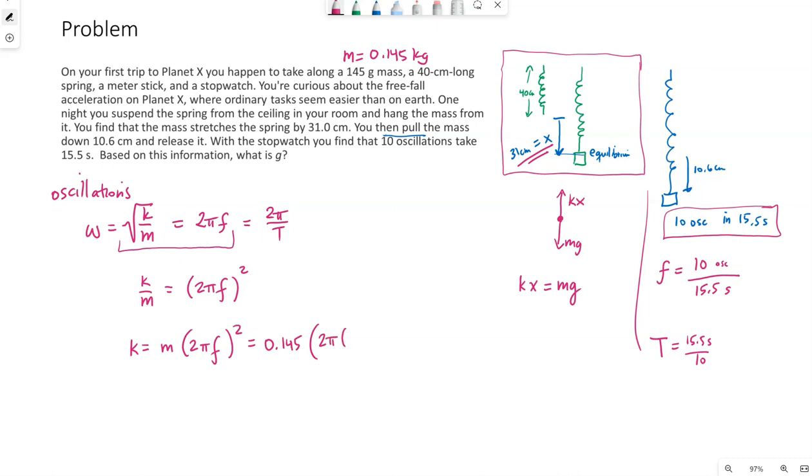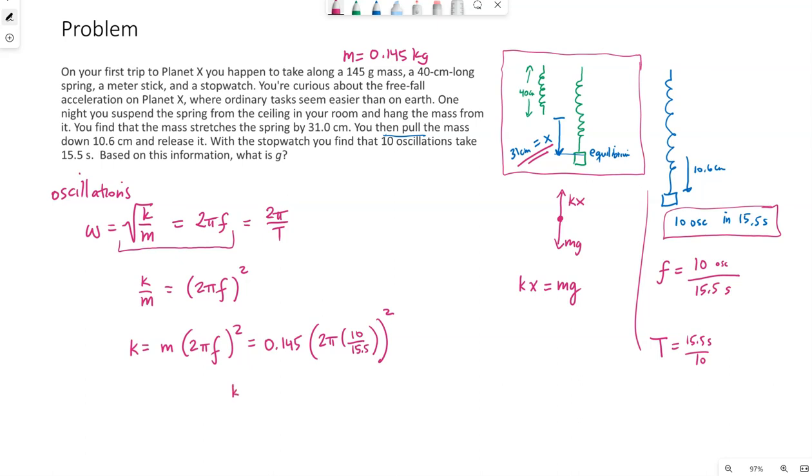2 pi, our frequency is the 10 oscillations in the 15.5 seconds. That whole 2 pi f needs to be squared. So 2 pi times 10 divided by 15.5, square that.